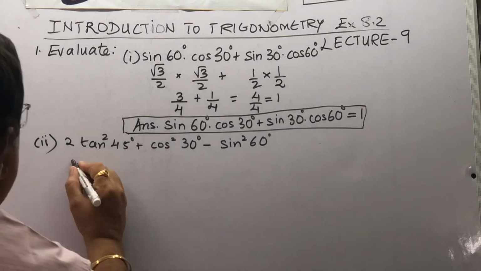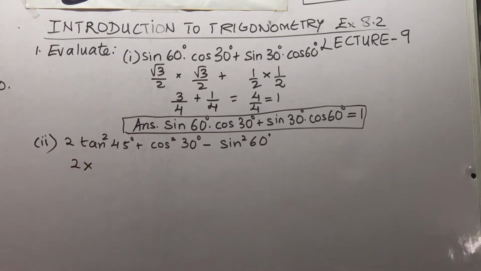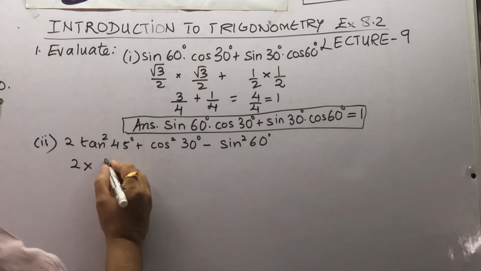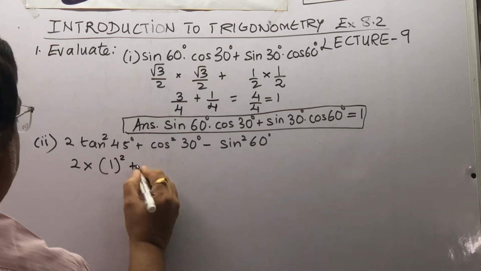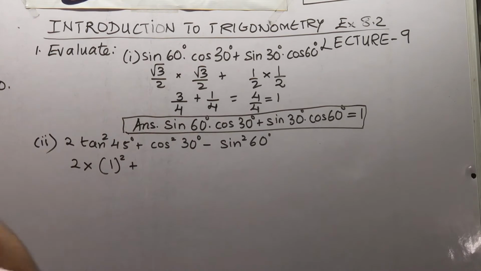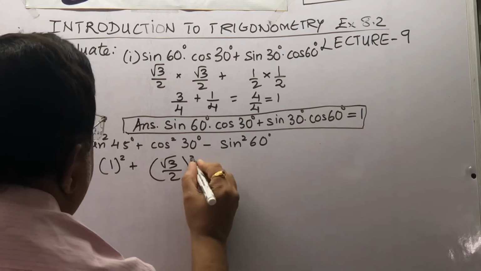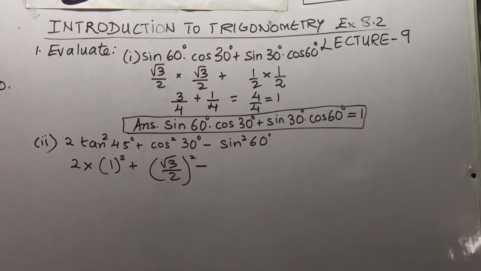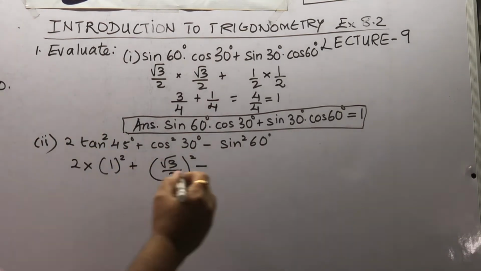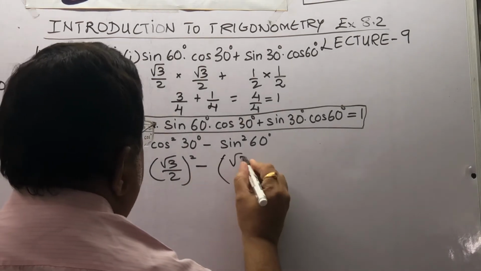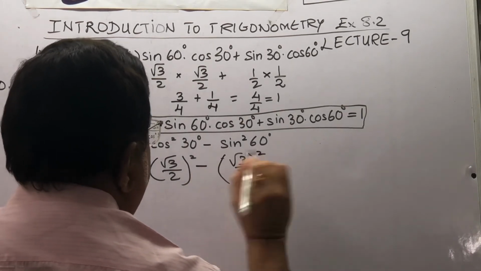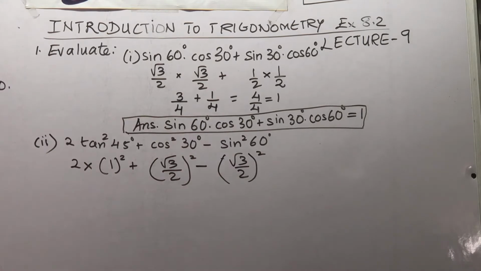So again 2 tan square 45 is 2 times 1 squared, plus cos 30, root 3 upon 2, squared, minus sine 60, root 3 upon 2, the whole squared. So substitute the values from the table which you have memorized and go ahead.